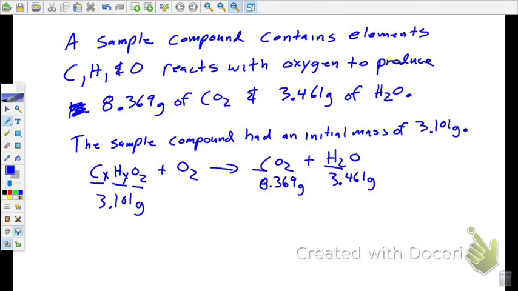I'm going to give you a couple minutes. If you can't do it, I'll show you. Find the grams of carbon based upon a sample size of CO2 of 8.369. Okay? Go ahead and do that. We did a problem similar to that on a previous worksheet.